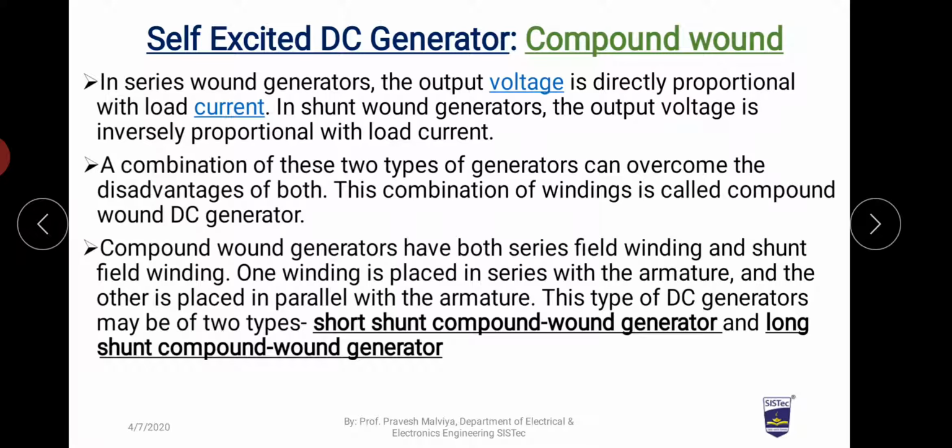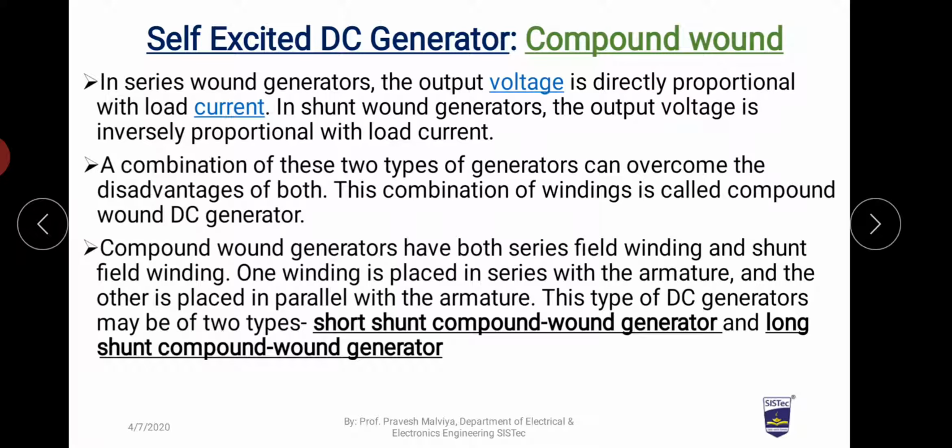So the terminal voltage, which is a very important parameter for the entire system, is dependent on the load current, directly or inversely proportional in series and shunt wound. So what is the solution to this problem?